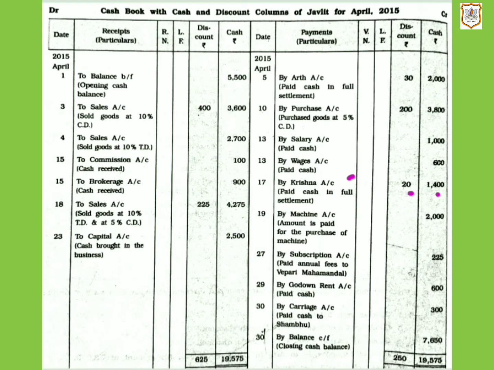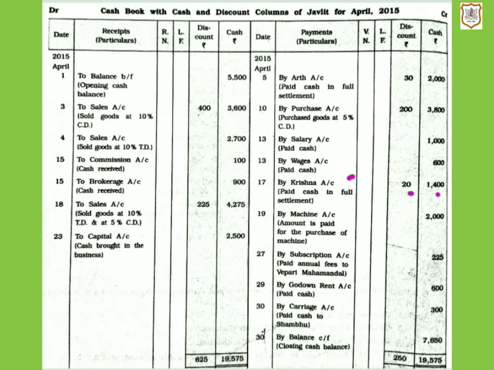So here, let us deduct 10% trade discount first. So 10% of 5,000 would be 500. And if we deduct 500 from 5,000, we will get 4,500. Now on 4,500, we will calculate 5% cash discount. 5% of 4,500 is 225. So 225 is cash discount.